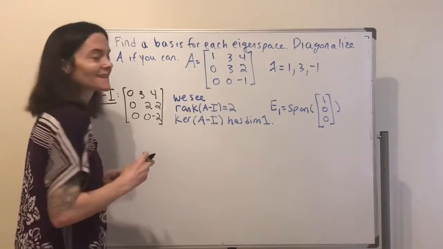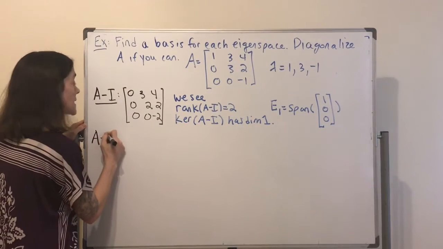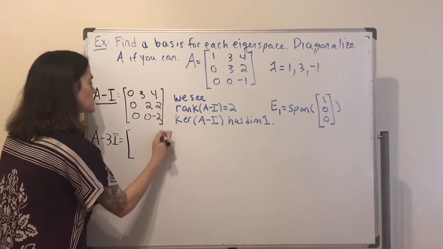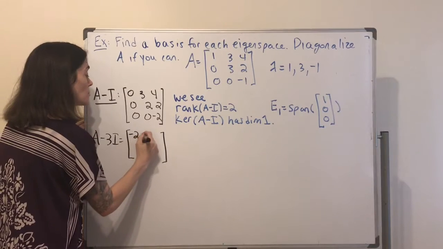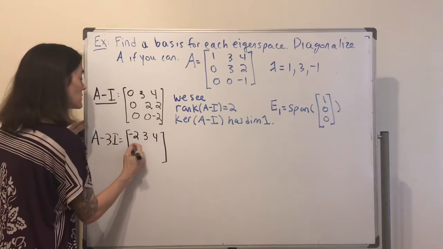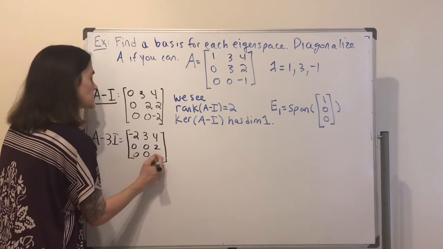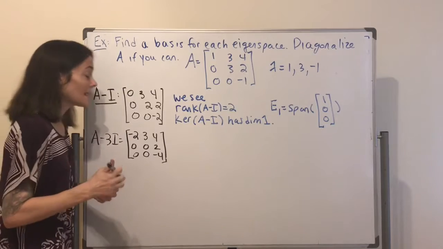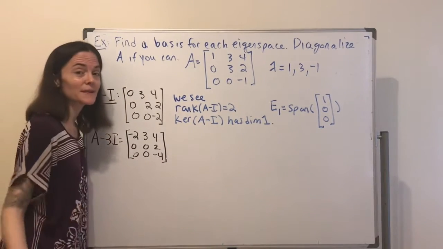For the next eigenvalue, we see a minus 3I. What is this matrix? We get minus 2, 3, 4, 0, 0, 2, and 0, 0, minus 4. Again, we see, for example, 2 linearly independent columns.